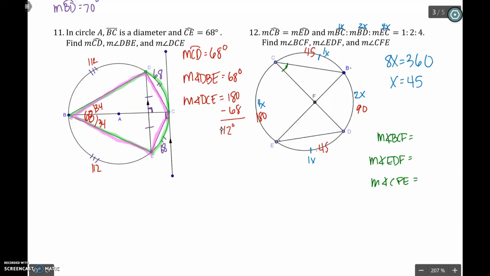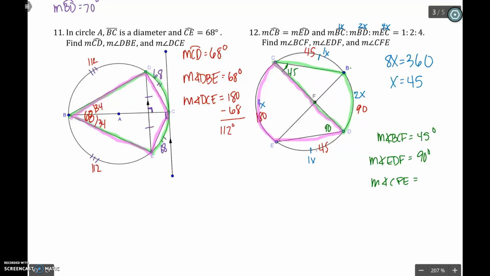BCF is the same as BCD because it is a line, so we're going to do an inscribed angle to the 90, so it's going to be half of the 90, which would be 45. EDF is the same as EDC, so that's an inscribed angle, and it would be half of that 180, and therefore it would be 90, even though it doesn't look like it.